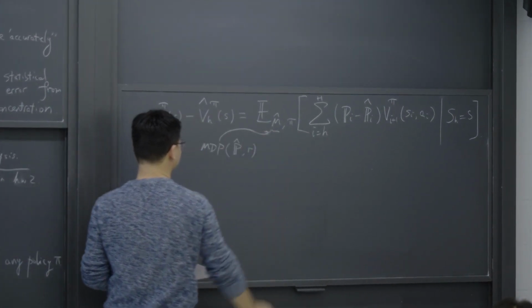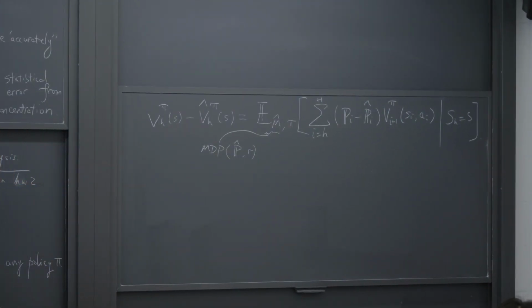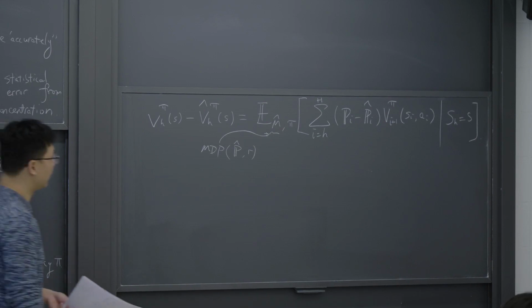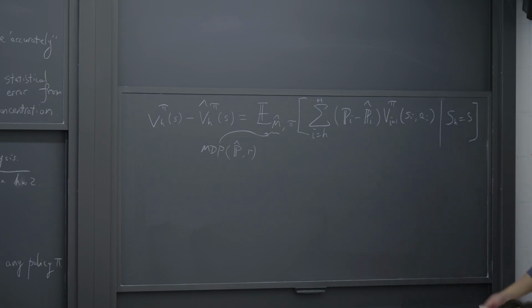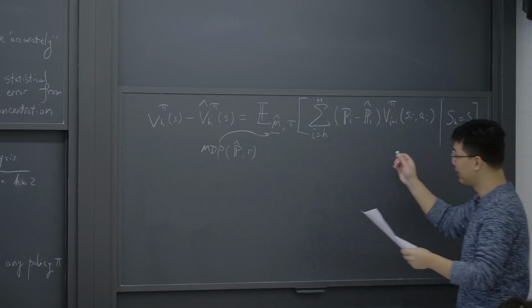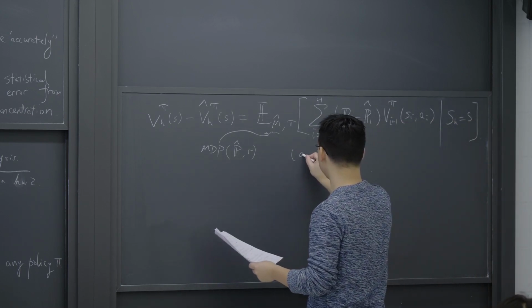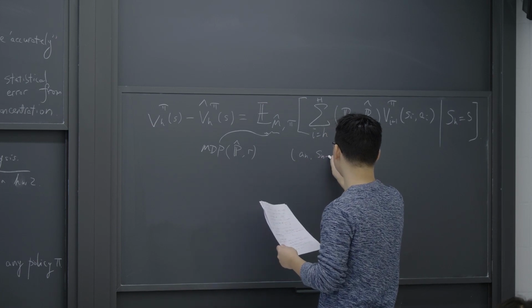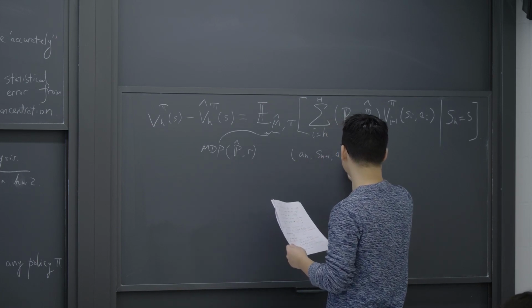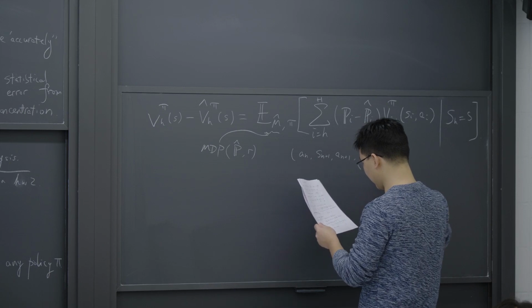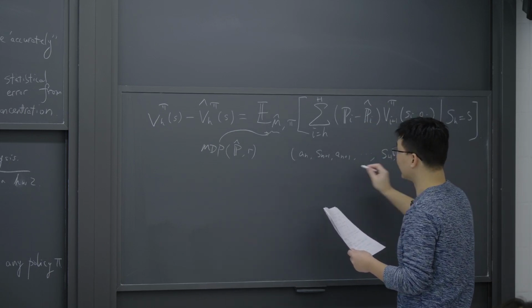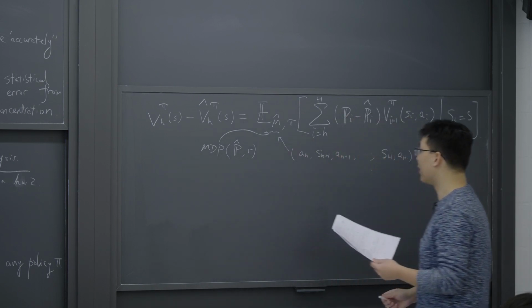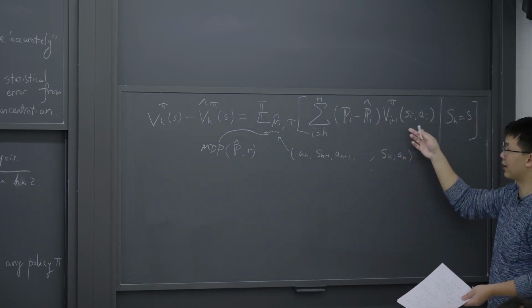So taking expectation over M hat means the random thing here is the future trajectory, that is, a_h, s_{h+1}, a_{h+1}, and so on until s_H, a_H. All of those are random in this expression.